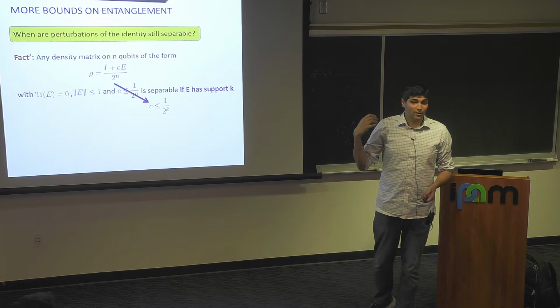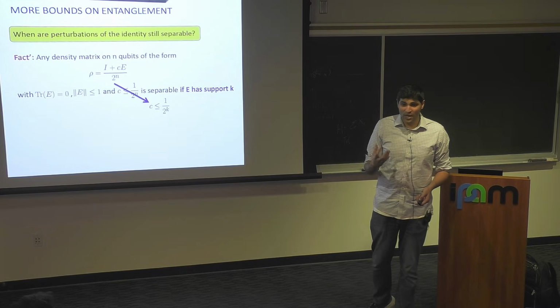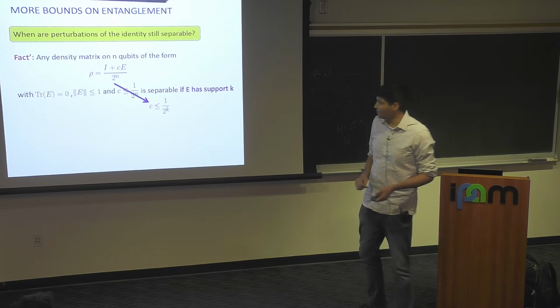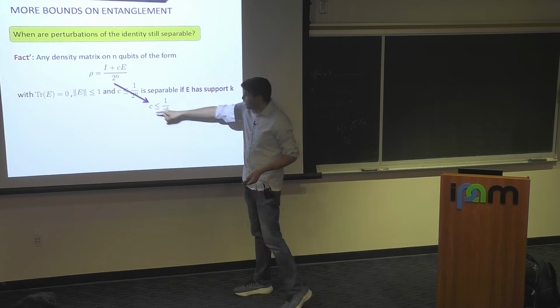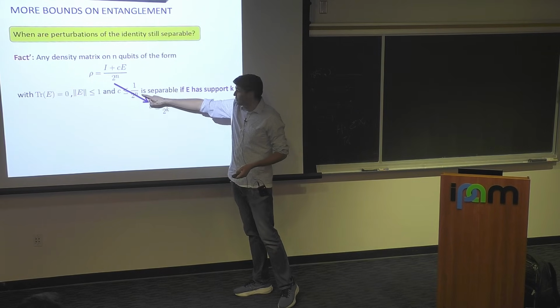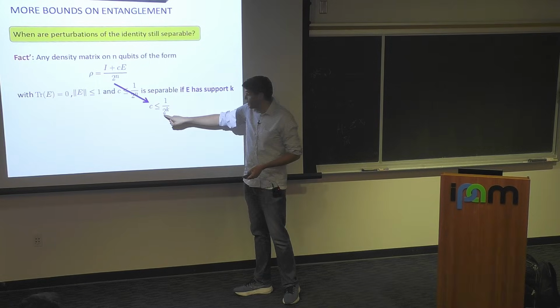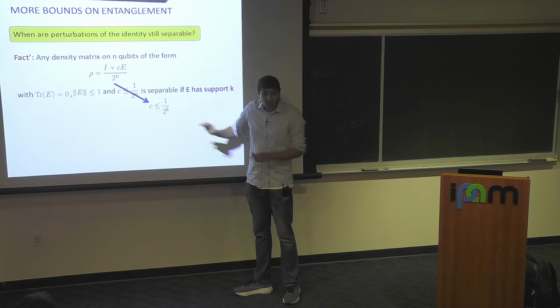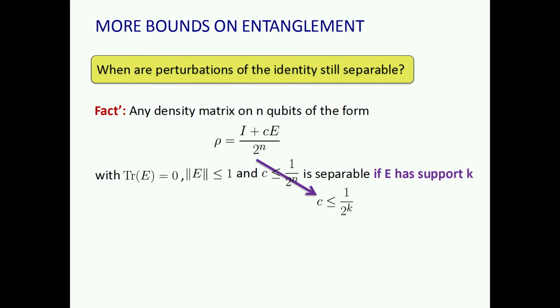So it looks like some matrix that's 2 to the k by 2 to the k tensored with the identity. What I claim is that I can straightforwardly replace this bound on c. Instead of it being at most 1 over 2 to the n, it's at most 1 over 2 to the k. And the proof is dead trivial, because you're just tensoring with the identity, so n becomes k.